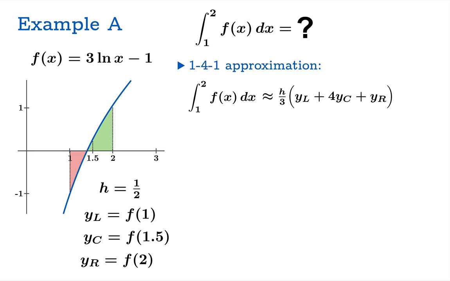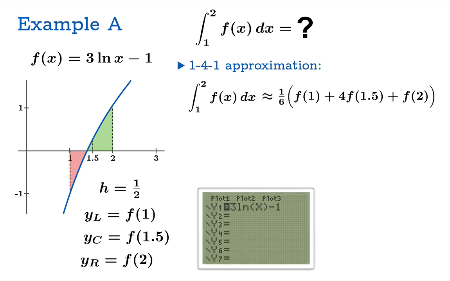So if we fit all this data into the template for the 1-4-1 approximation, we would get this expression right here, which we could calculate by hand, so to speak. But if you have access to a calculator where you can store a function into a register, say y1 in this case, then you can use the calculator to crank out this expression for the approximation.